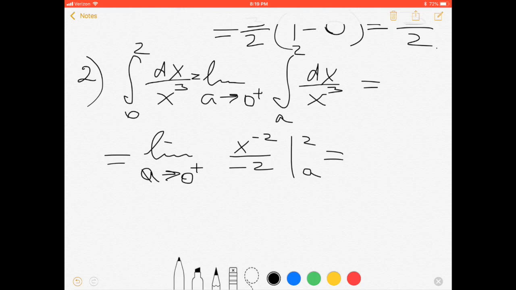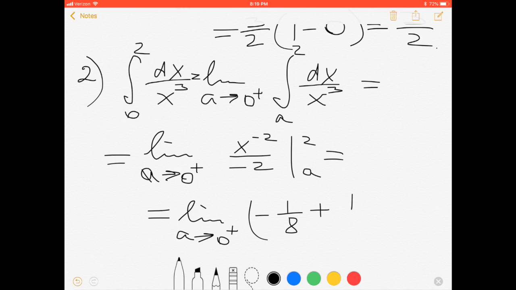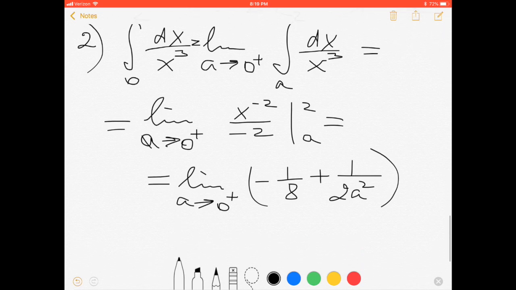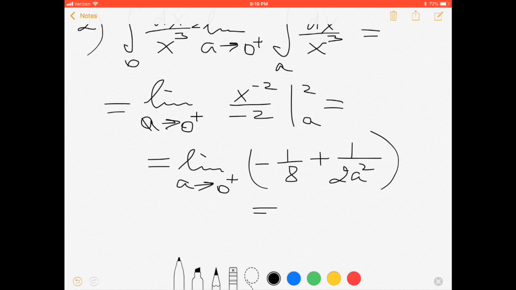Plugging in 2, I have minus 1/8, and here I have plus 1 over 2a squared. But if a approaches 0, you have infinity here, and this integral diverges.